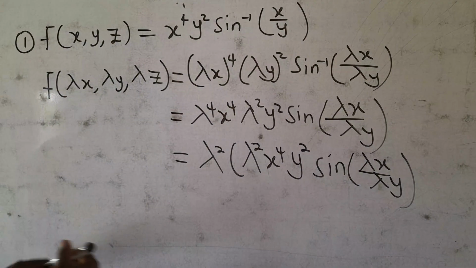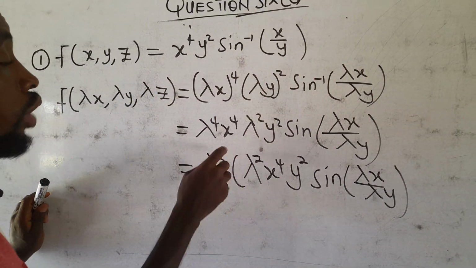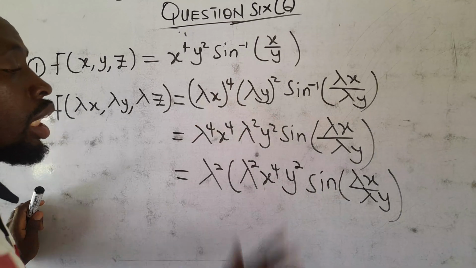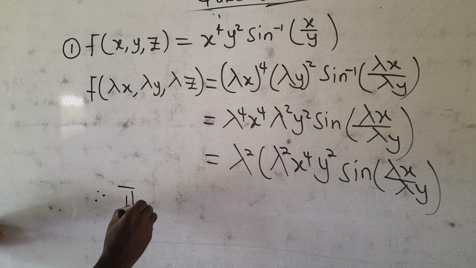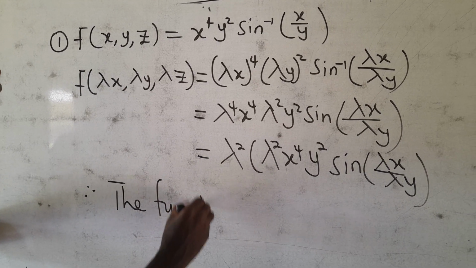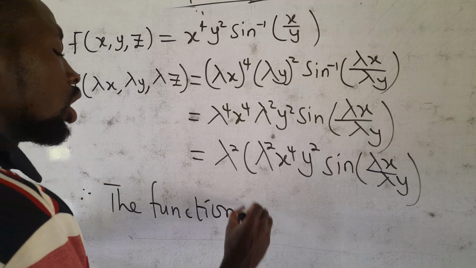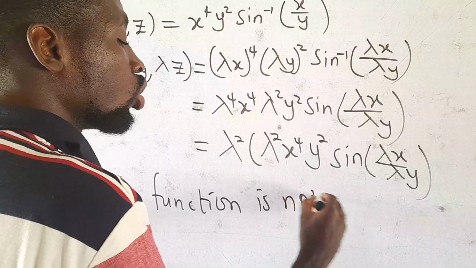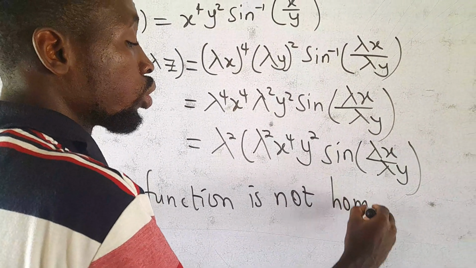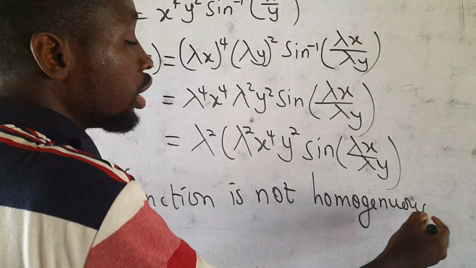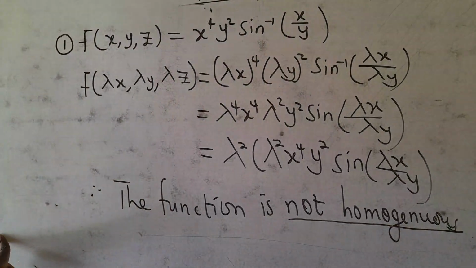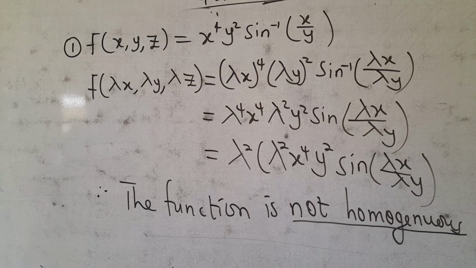Now the question is, did we get a function back after we factor out the common parameter? The answer is no. If no, then we say that therefore the function is not homogeneous, or in other words is non-homogeneous. That's for the first one.